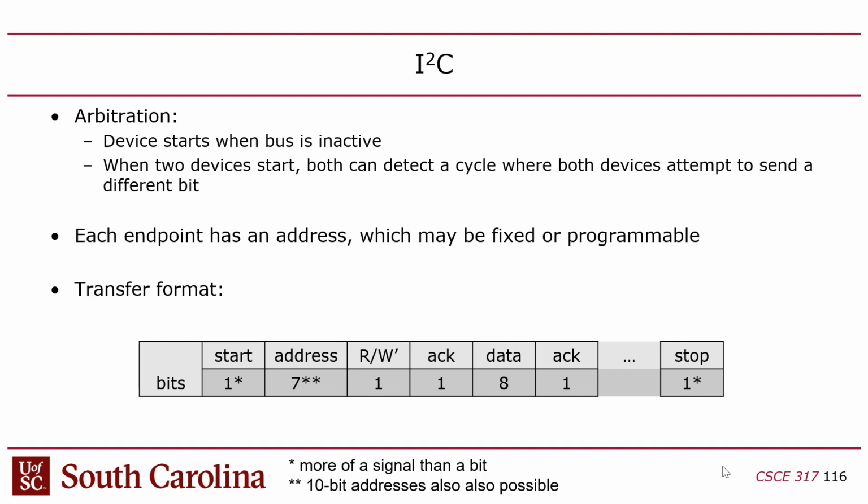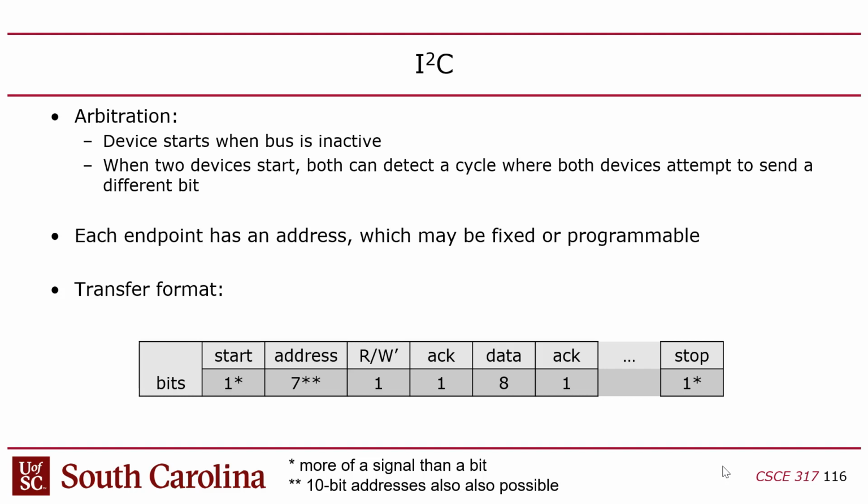Well, it turns out that whoever takes mastership of the bus drives the clock, and they start out by driving the data, but during the transaction, the data line changes hands. It changes drivers. Initially, the master will send the address and the read-write bit, and then the target of the transaction will seize control of the data wire and do the acknowledgement.